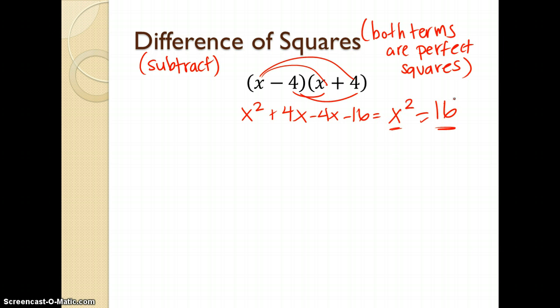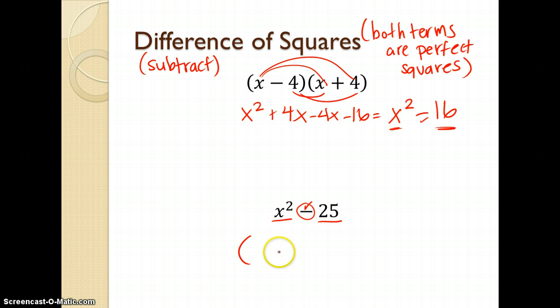If you have all those conditions, your parentheses will be one plus, one minus, as in the original parentheses we started with. The first entry is the square root of the first term, and the second entry is the square root of the second term. So if we see something like x squared minus 25, we can recognize a difference. We've got a subtraction, and it only works with subtraction, and then you have a perfect square and a perfect square.